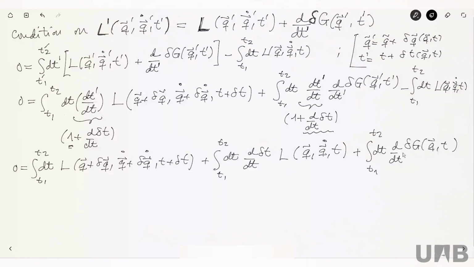So I can forget about the primes in here altogether. Okay? And then I still have the last piece. So minus the integral dt from t1 to t2 of the Lagrangian L of q dot, and t.